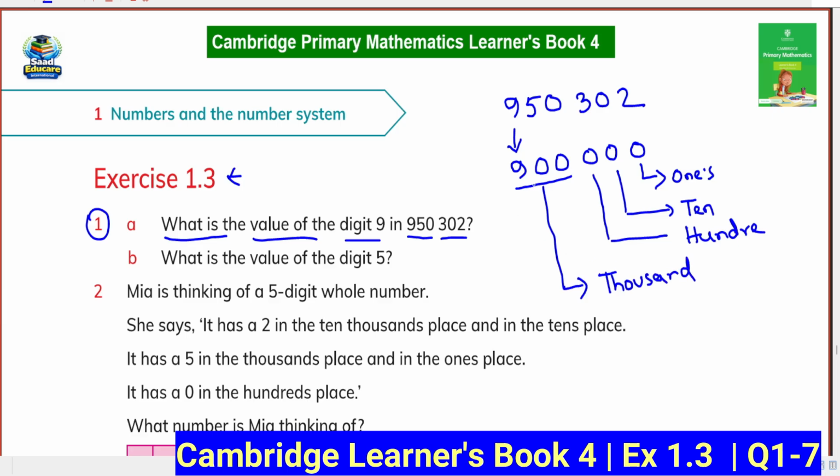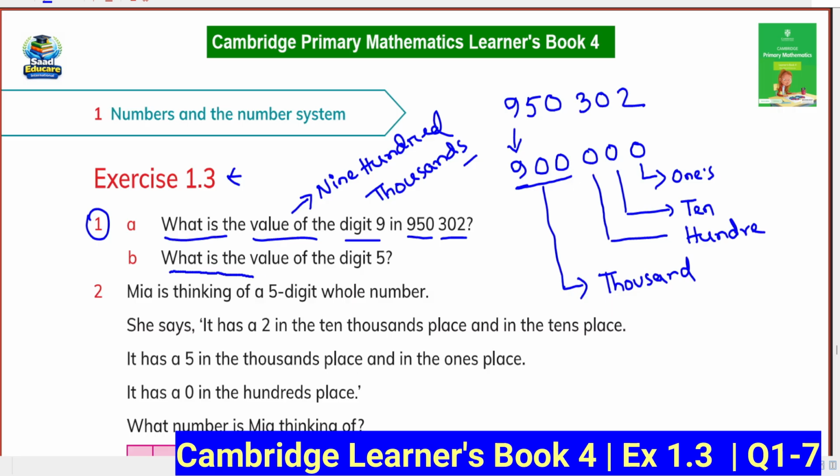So how many thousands here? It's 900,000. So our first question answer is 900,000, right? So first question answer done.